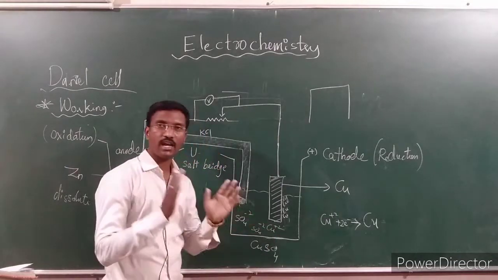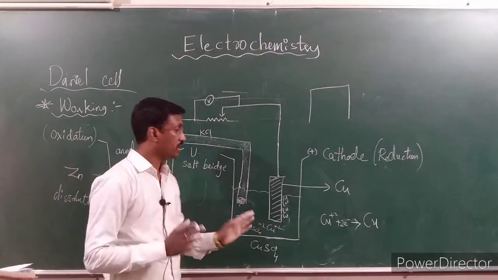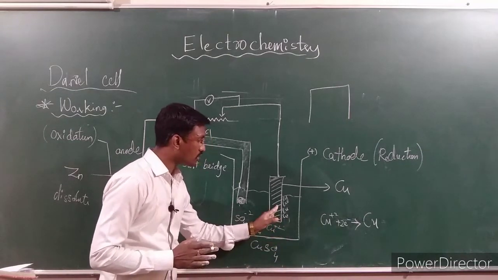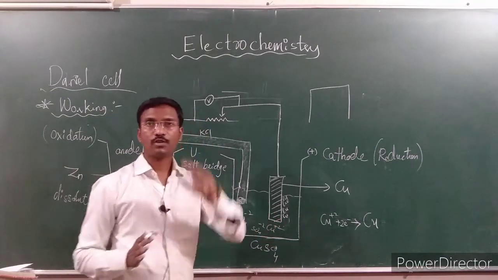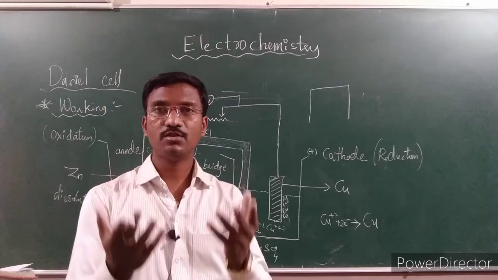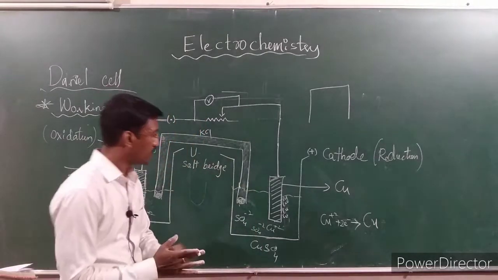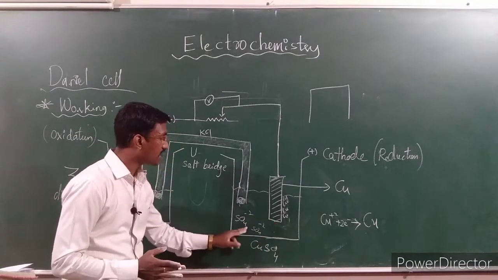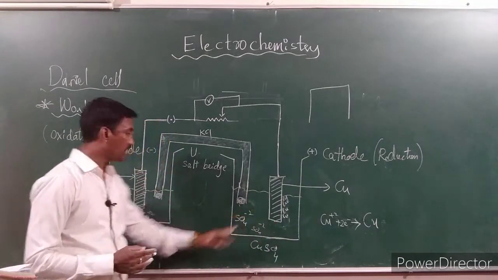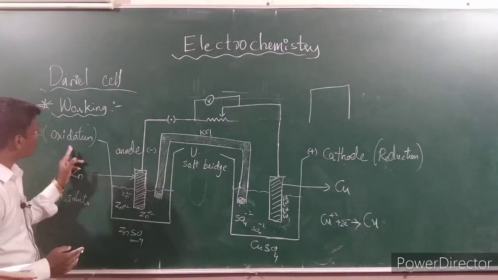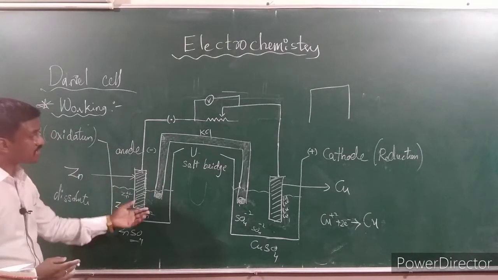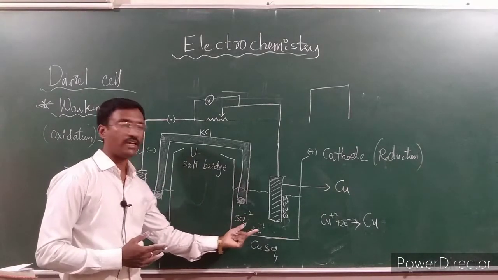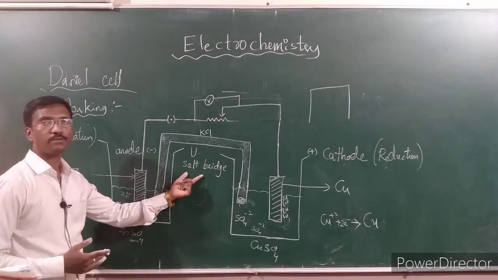Initially copper sulfate has an equal number of cations and anions. When copper deposits on the copper rod, the number of cations decreases, and only anions remain in greater number. So the anions are more at the cathode, and the cations are more at the anode. To neutralize this increase and decrease of ions, the salt bridge is used.